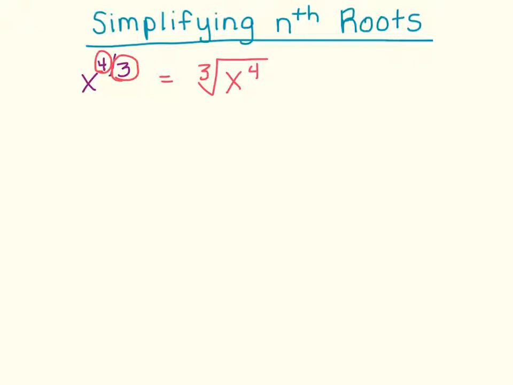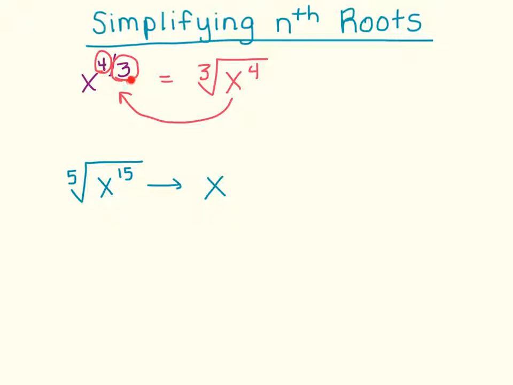So what we want to look at now is pretty much just going the other way. If I'm given the problem, let's see, the 5th root of x to the 15th power, and I'm asked to simplify that, I'm going to write it as x to some power, and the way I can reconstruct that power is by doing the inside number on top of the outside number.